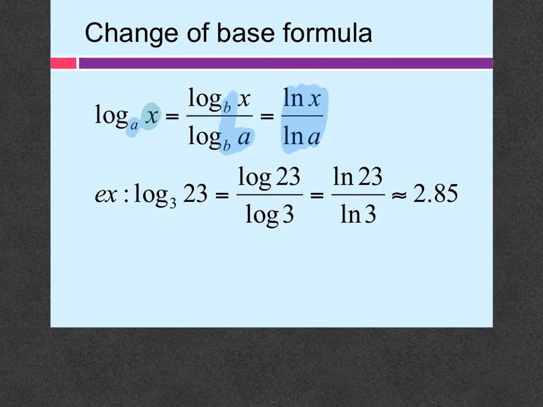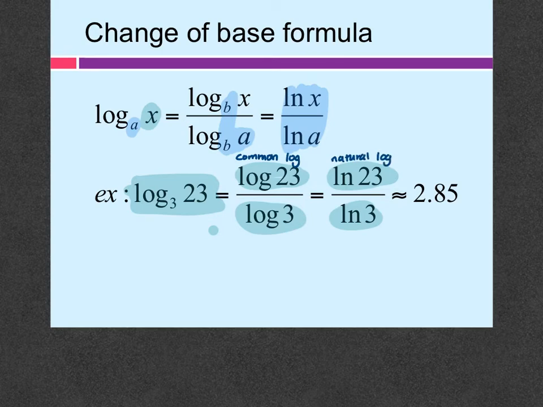So if I have log base 3 of 23, then I'm going to do log of 23 in the top, log of 3 in the bottom, or ln of 23 in the top, ln of 3 in the bottom, and then literally divide ln of 23 by ln of 3, and you should get 2.85. So this is your common log. When it says to write it as a ratio of common logs, that's log base 10. And when it says to write it as a ratio of natural logs, that's your ln.